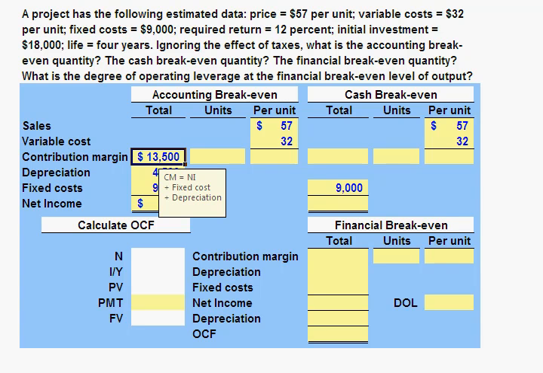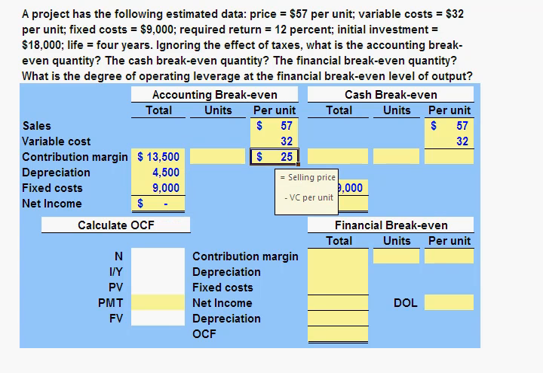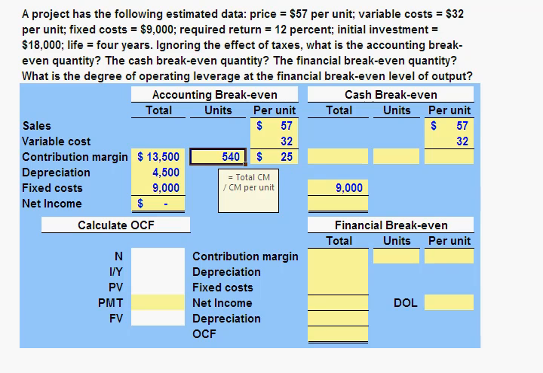Since we're selling our product at $57 a unit and have a variable cost of $32 per unit, our contribution margin on a per unit basis is $25. Thus, in order to break even in terms of units, we need to sell 540 units. This is our $13,500 total contribution margin divided by the $25 contribution margin per unit.